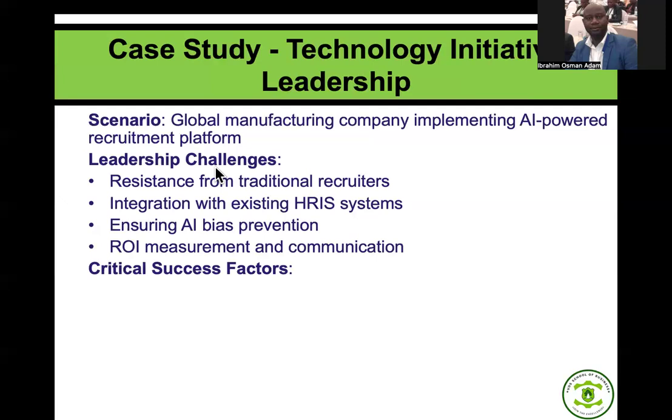We have also realized that if the technology comes, it will not be able to fit into what we have been doing. Then the top management are also saying that, look, this thing will be biased. It will be discriminating against people in terms of religion and where they come from, so we won't take it. Then the board is saying that, look, we are not sure if it will lead to increased profitability. If you are the leader in the organization, what will you do?